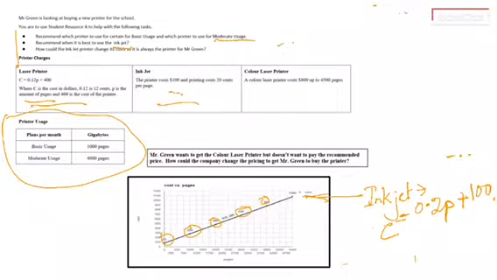It's always good to label the lines so that later on you have a good understanding of which line you are talking about. Now this one starts at 400.